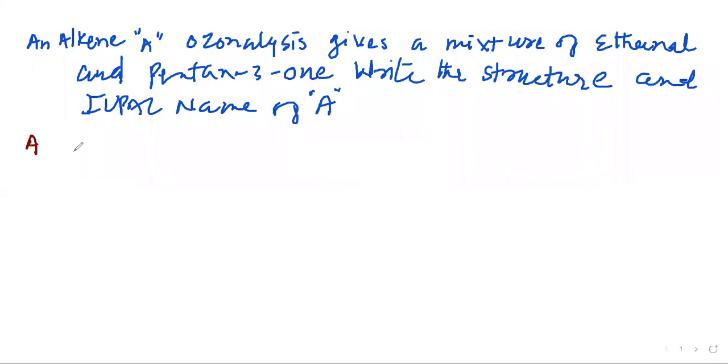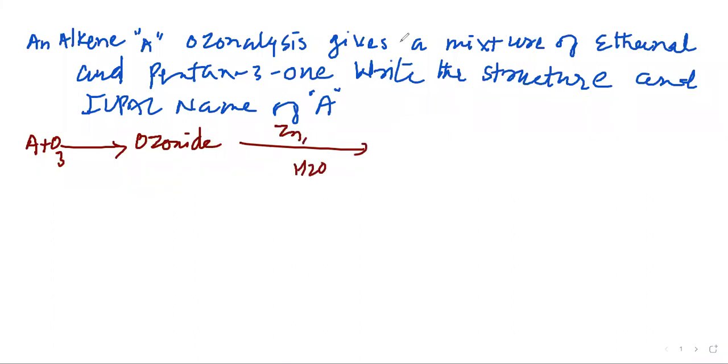This compound A reacts with ozone and gives us one ozonide. This ozonide, when it reacts with Zn and H2O, gives two products.